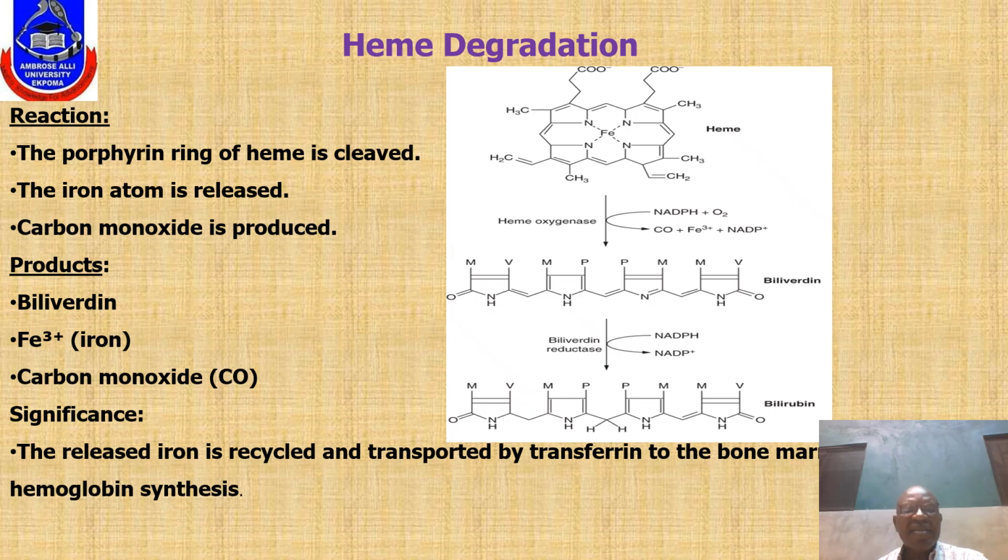And the products you get are biliverdin, iron 3, and carbon monoxide. Those are the three products that are released. The iron is recycled and transported by transferrin to the bone marrow for reuse.